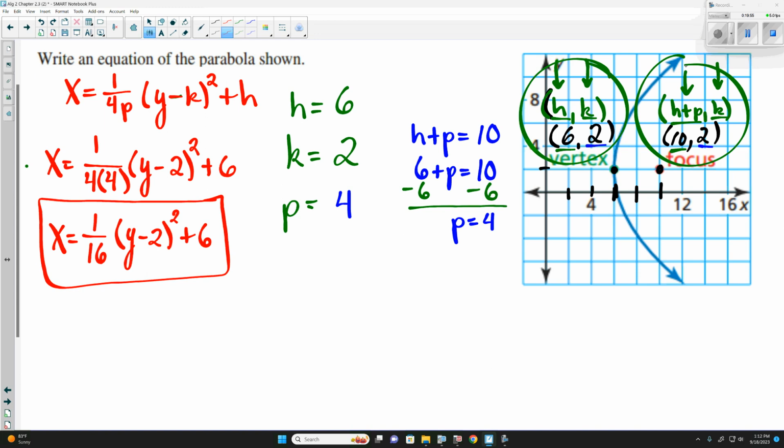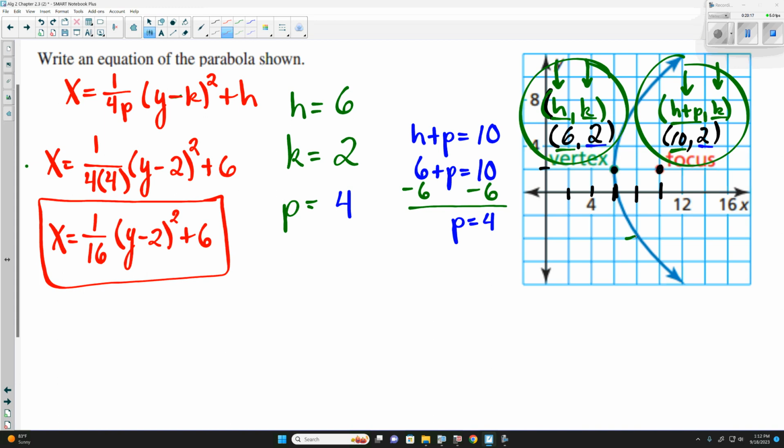Yes? When would you use this in real life? So we're looking at kind of a two-dimensional version of this, but there are parabolas used in most places.